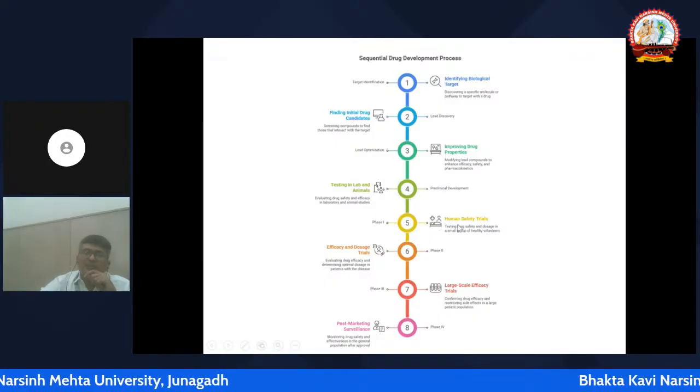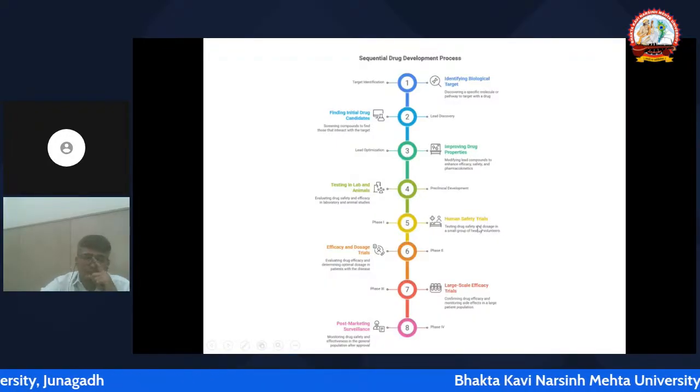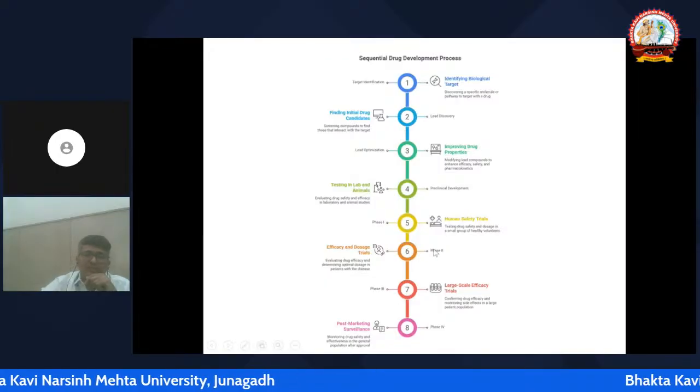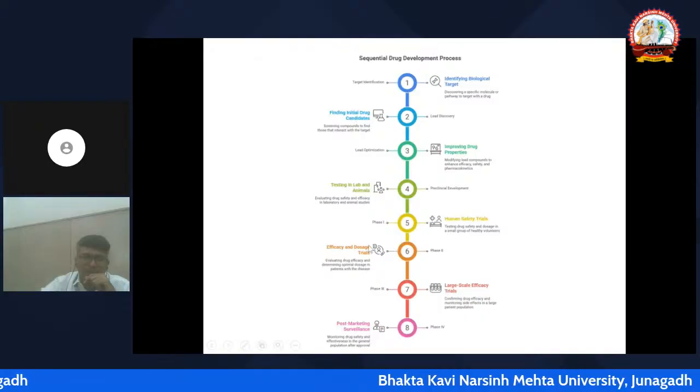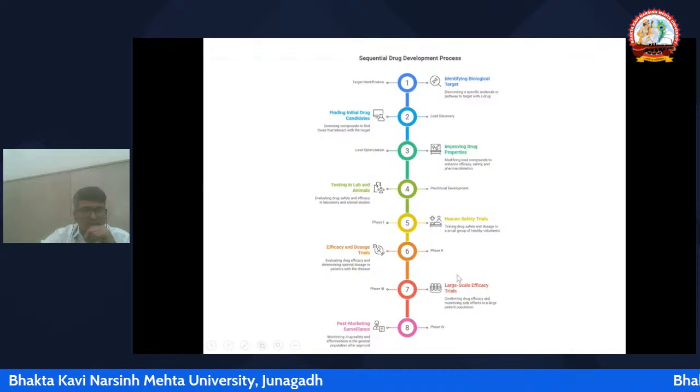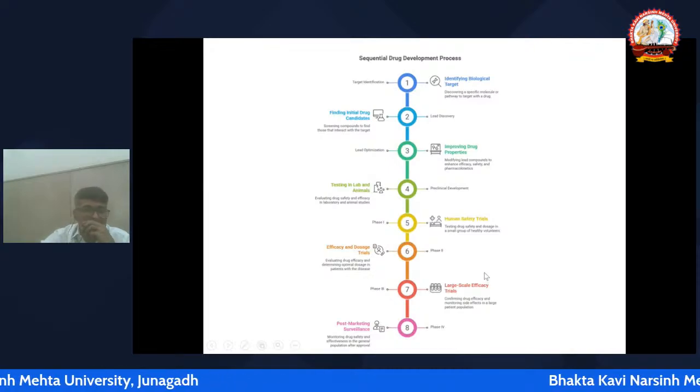At this time they test the compound in healthy volunteers and check human safety. In phase 2 trials, the dose as well as efficacy of the compound is tested in patients with the disease. Then it goes to phase 3 clinical trials, meaning a large-scale efficacy trial.